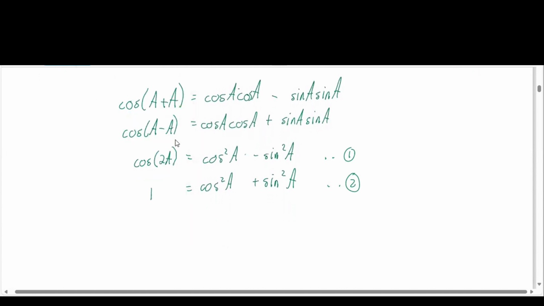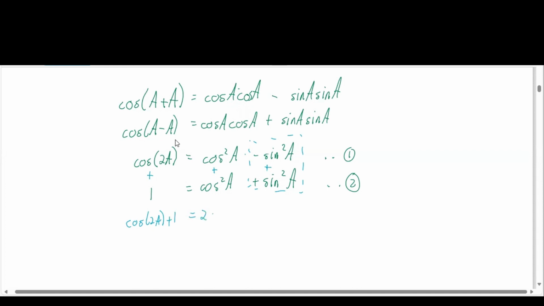So let's start with the cos square. If I want to get rid of the cos square, I need to make cos square the subject of the formula. So I need to get rid of this sine square. There's a minus and a plus. If I want to get rid of our minus, I'll just add the two equations together. On this side, you'll get cos 2A plus 1.